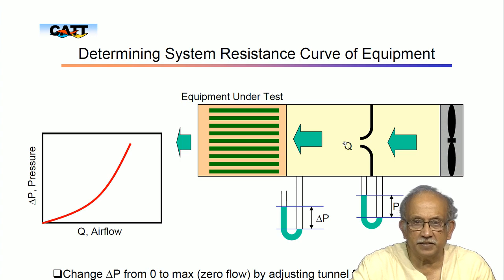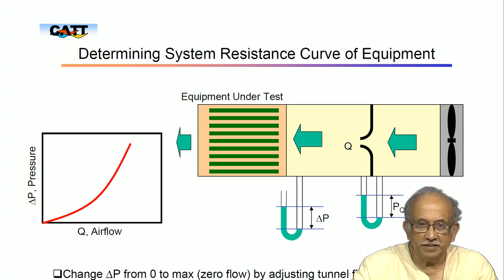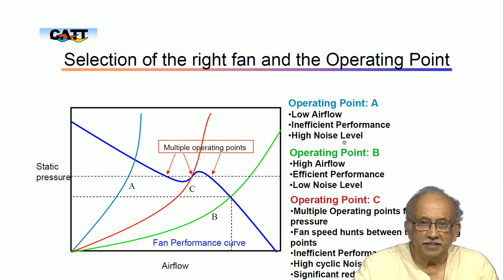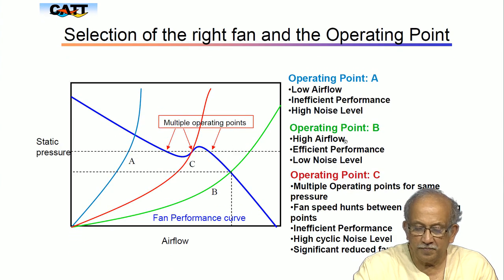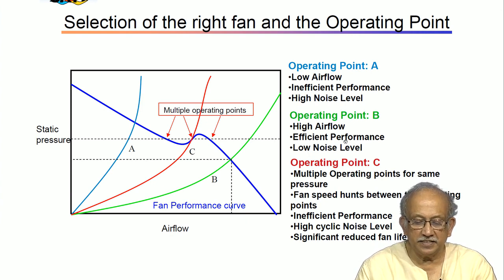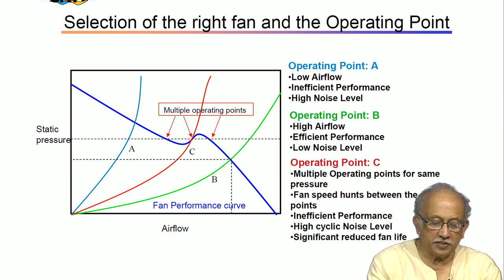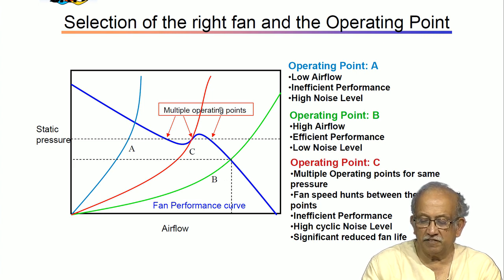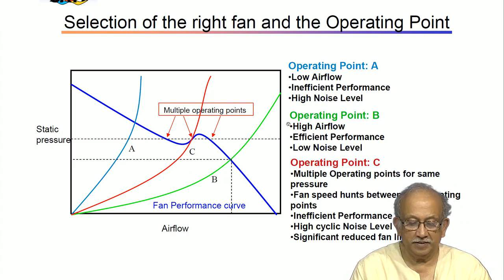Now, we have a system pressure, and we expect that if you superimpose one over the other, it is possible for us to find out which of the fans will work.